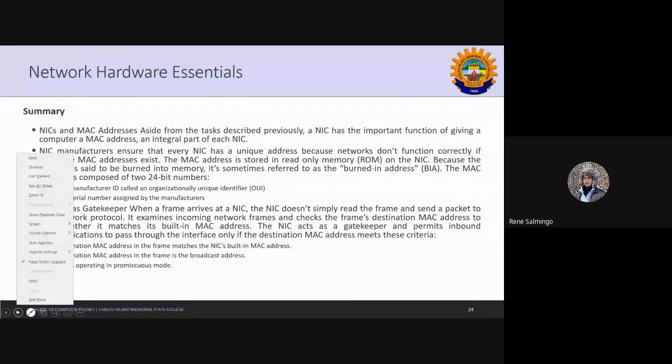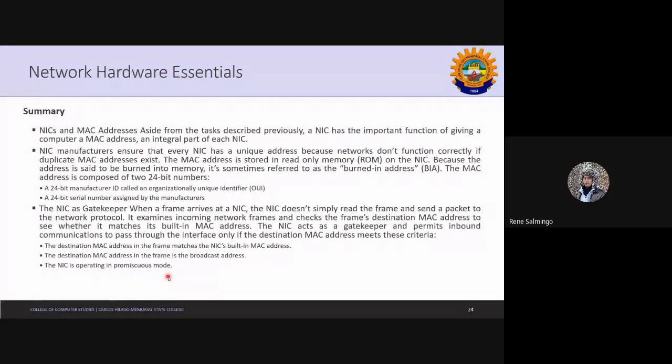So this means it's unique. So every device you have, like your cell phone, mobile phone, has its unique MAC address because that is in a hexadecimal number. So you could have a lot of combinations.